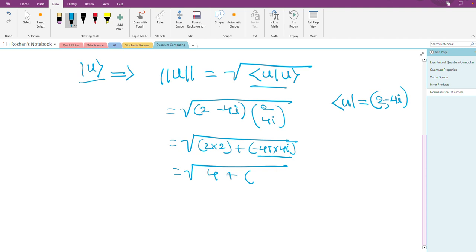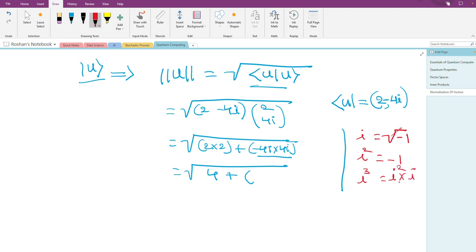To make it easy to understand, first you need to understand the imaginary root values. What is the value of i? Square root of -1. So if I need to find i square, the square and root will get cancelled, so it will be -1. Now i cube can be written as i square into i, so we already know the i square value, -1, so into i. What is i cube? Minus i.